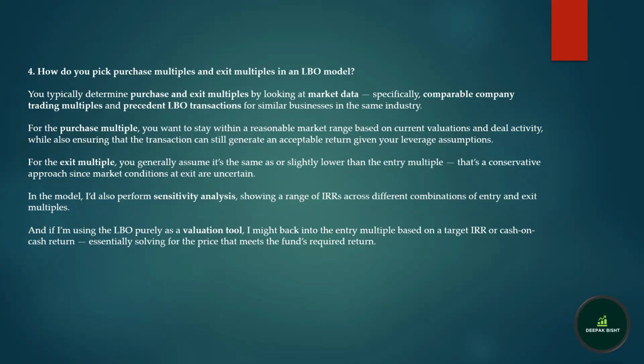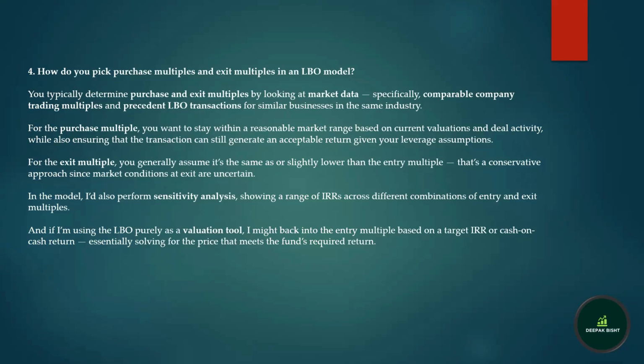Now to decide what multiples to use, investors don't just make them up, they look at real world data. First of all, they look at comparable companies and past LBO and merger and acquisition transactions. They test a range of multiples, since no one can predict the future, so you do not pick one number.